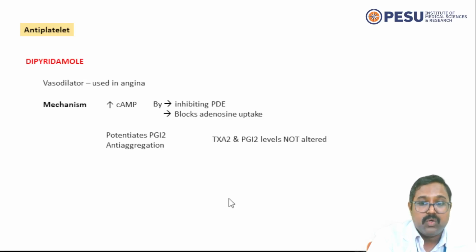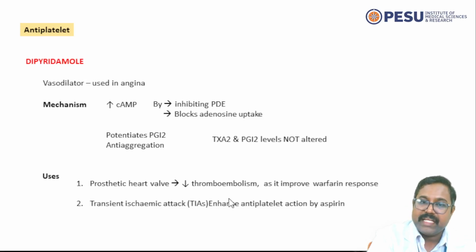It will not produce any alteration with respect to the thromboxane A2 or prostacyclin I2 levels in the body. So what are the uses of dipyridamole? It can be used in prosthetic heart valves to reduce thromboembolism, as it improves the warfarin response.